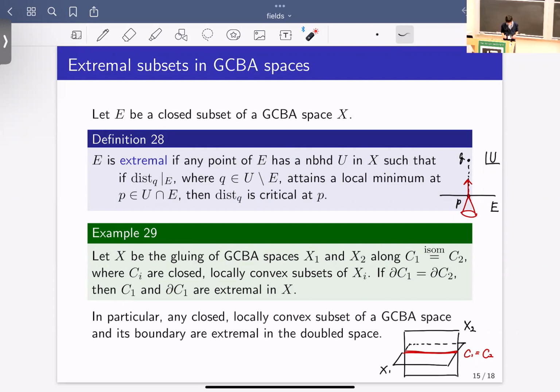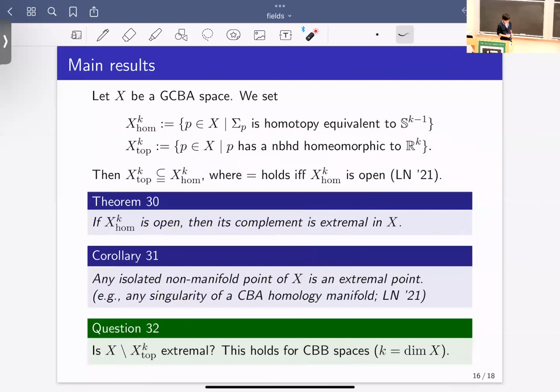Now we are going to describe a connection between extremal subsets and the topological structure of a GCBA space. Let X be a GCBA space, and we denote by X_k^hom the set of points whose space of directions is homotopy equivalent to S^{k-1}, and by X_k^top the set of points having a neighborhood homeomorphic to R^k.